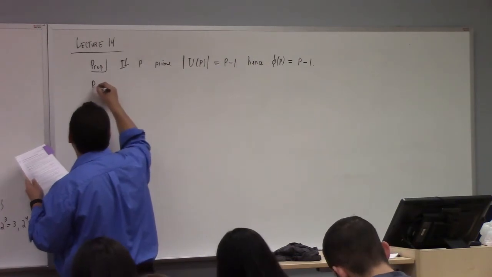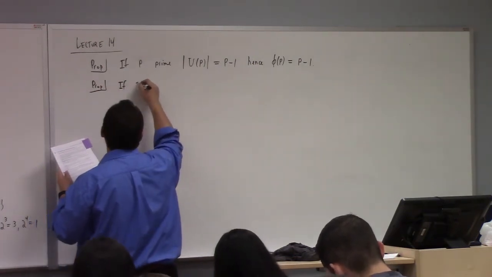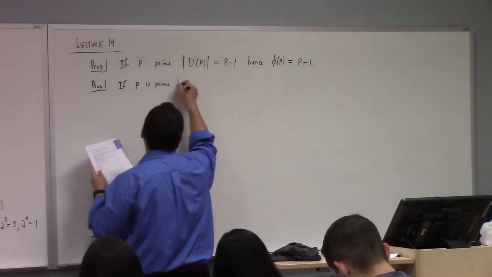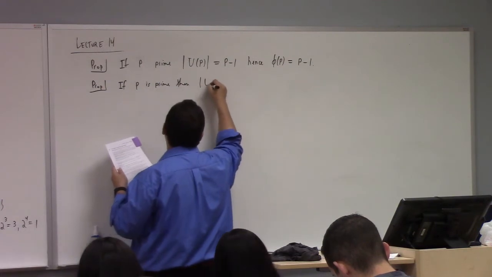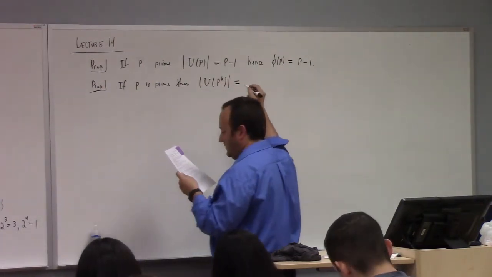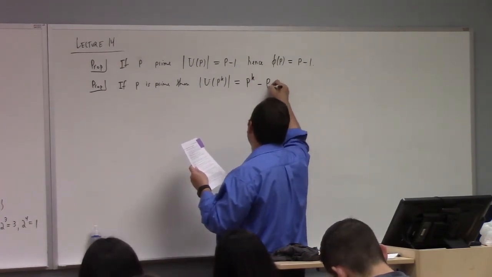Also, another proposition, if p is prime, then the order of the units of p to the power k is equal to p to the k minus p to the k minus 1.